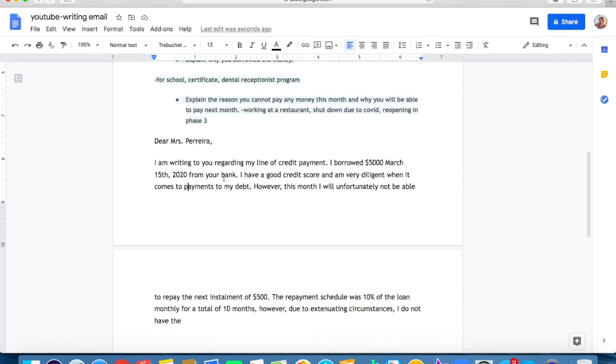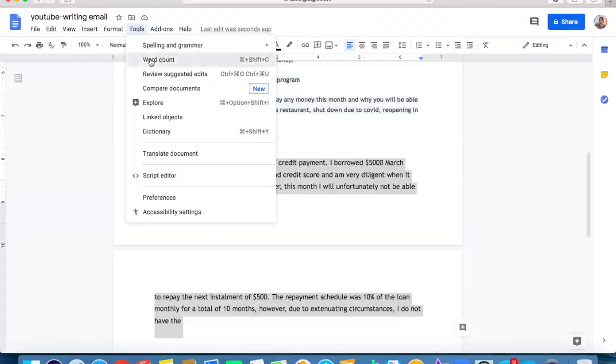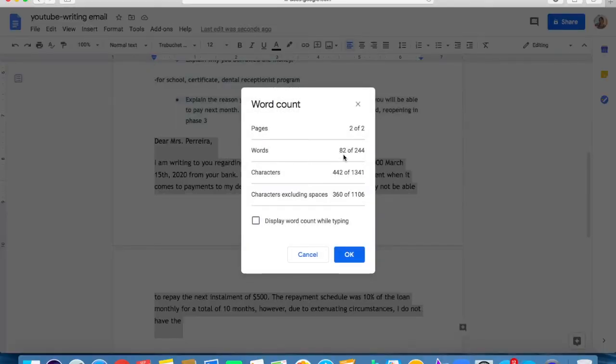The repayment schedule was 10% of the loan monthly for a total of 10 months. However, due to extenuating circumstances, I do not have... I need to check the word count first and foremost. I only have 82 words, so I need 150 to 200. So I have lots of room here.